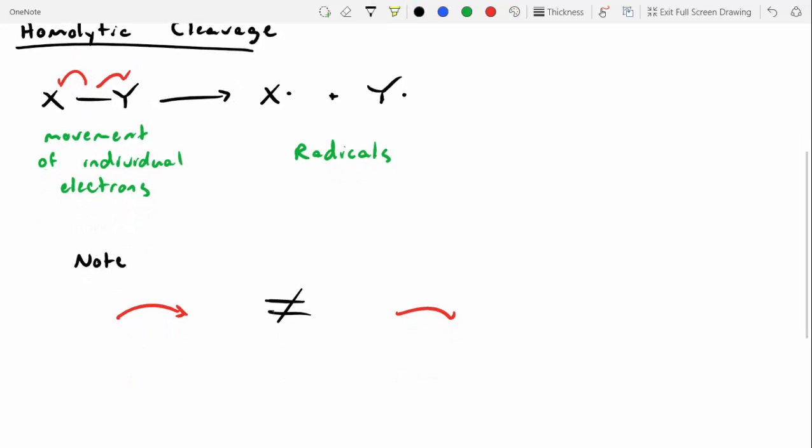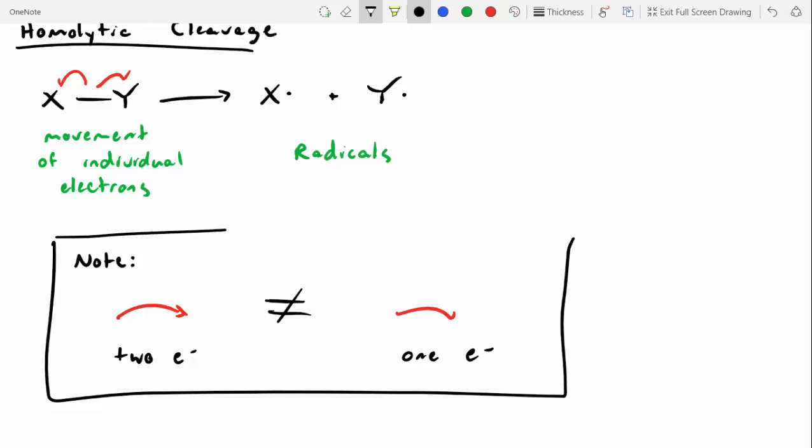They're very, very different. So this is 2 electrons, this is 1 electron. Make sure when you're drawing these that you very, very clearly indicate double-headed arrows versus single-headed arrows, or else you'll get marked down on that. I need to see that single-headed arrow whenever you're doing radical reactions.